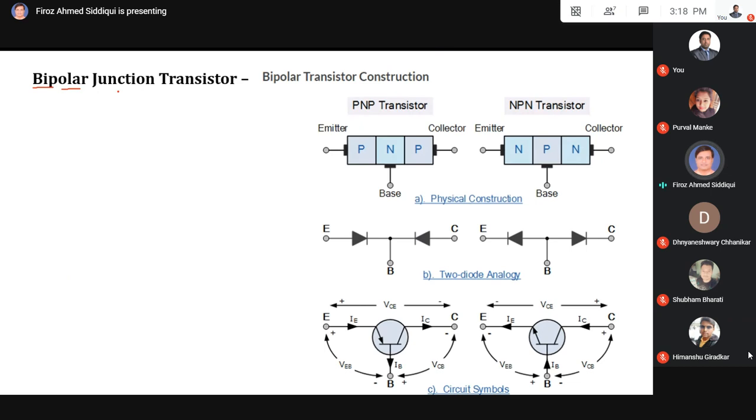Actually, it is a bipolar junction transistor. And it is the device which amplifies the current, or you can say the transistor is a current controlled device.